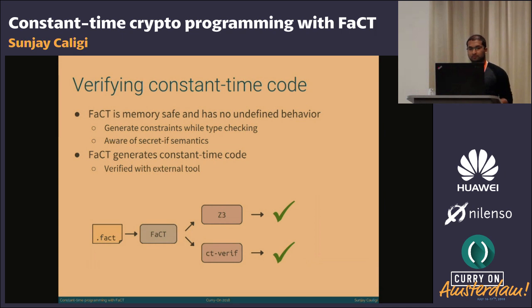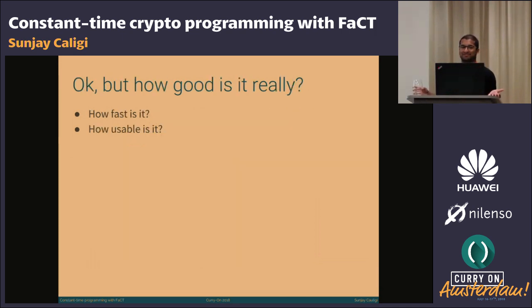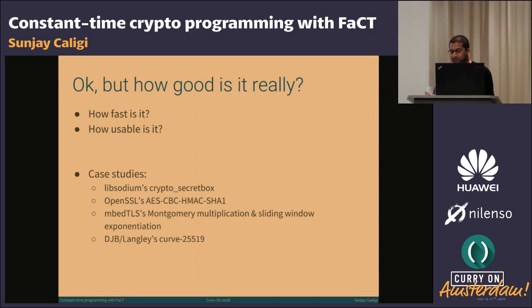So I've been telling you how great FaCT is, but how good is it in actual practice? For our case studies, we ported code from a variety of different cryptographic libraries.